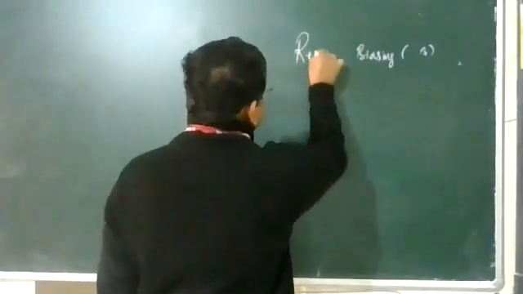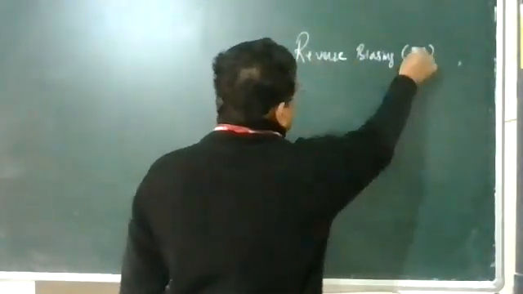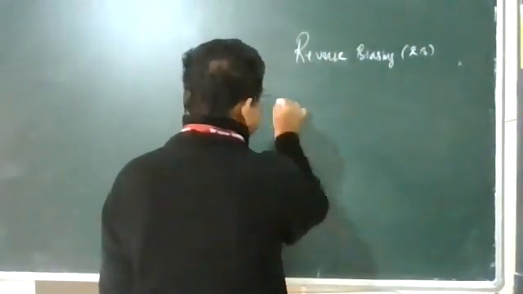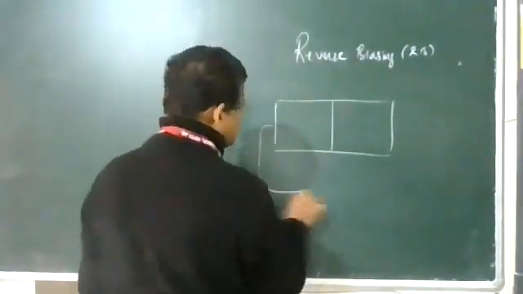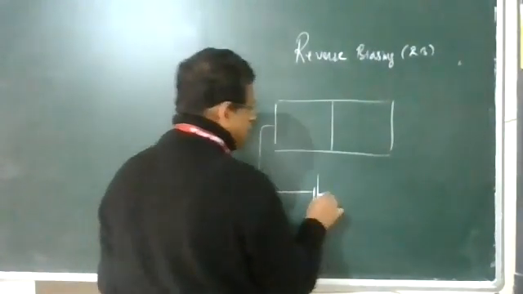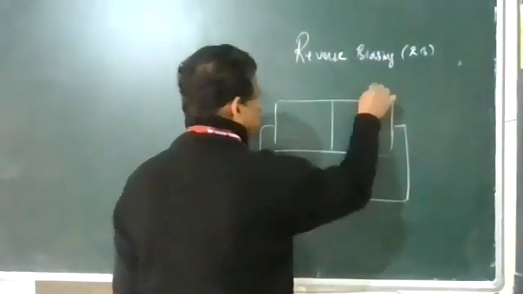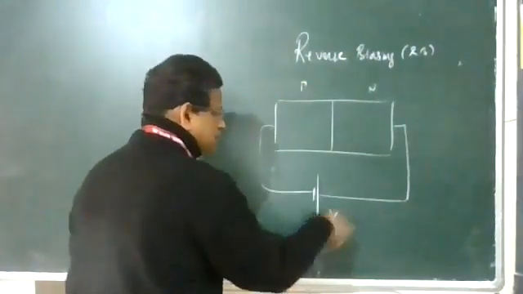During reverse biasing, RB, the block diagram is there. The P side is connected to the negative of the battery and the N side is connected to the positive of the battery. The applied voltage.